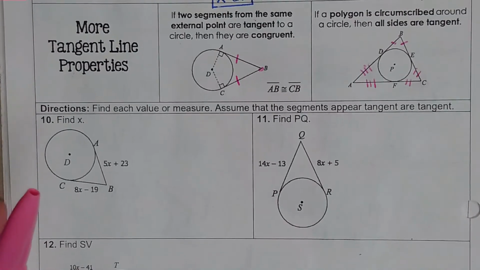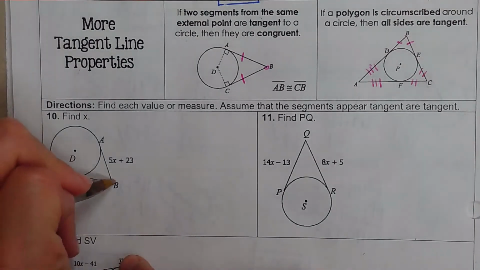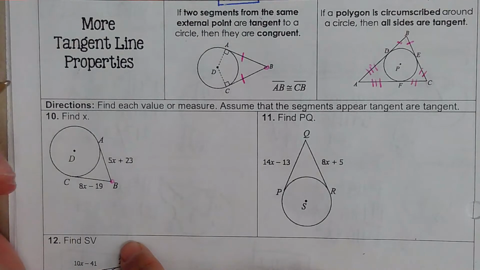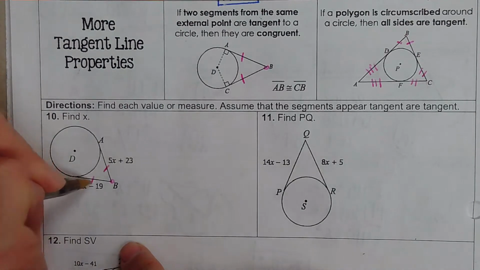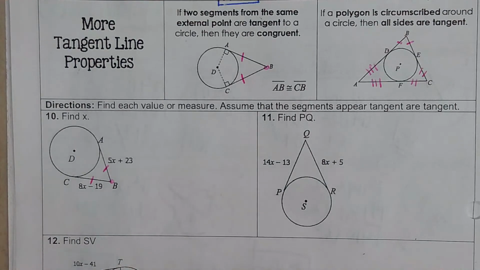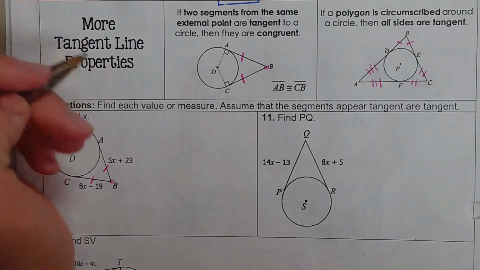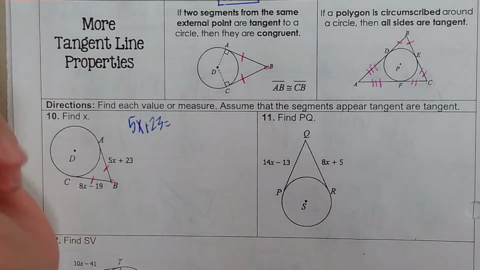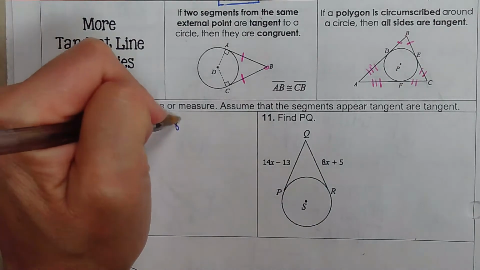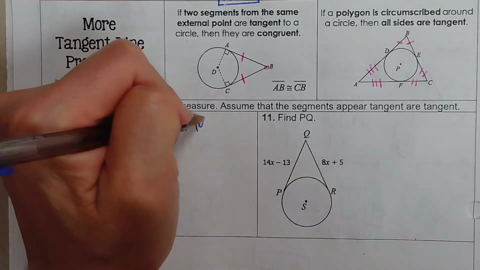Okay, so taking that information, here they are originating from the same point outside the circle, and they're tangent to the same circle. That means they're going to be equal to each other. This one says solve for x. So we're going to do 5x plus 23 equals 8x minus 19.